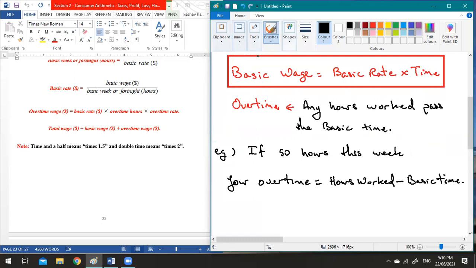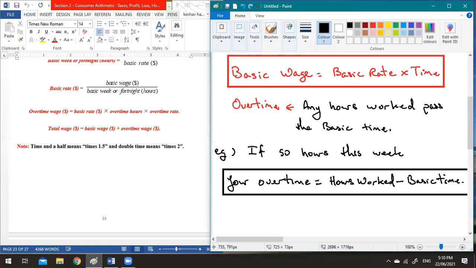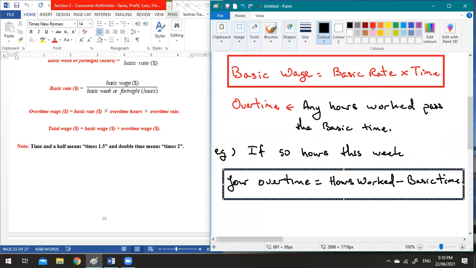This is important for when you're doing questions with overtime. So there's a formula there as well.